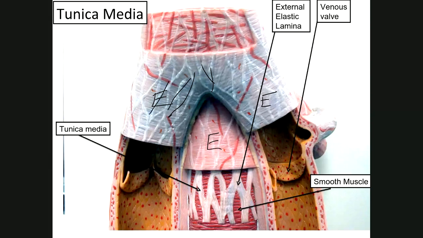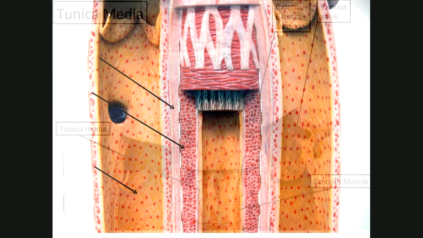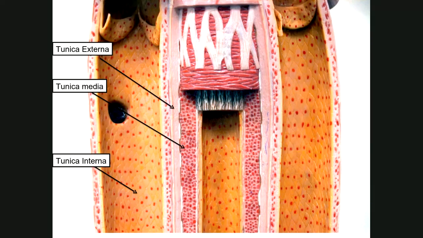And so there's a lot of elastic connective tissue here, but it's just spread out. It's not in a sublayer. So tunica externa, no sublayers. Tunica media, 2 sublayers. Tunica interna, 3 sublayers.